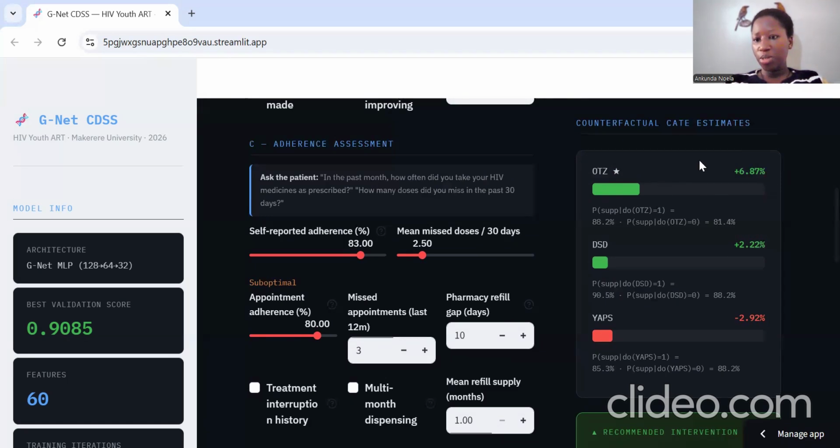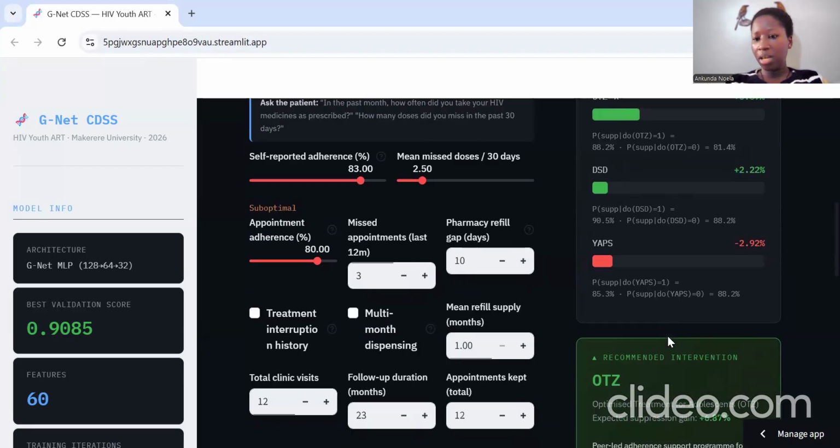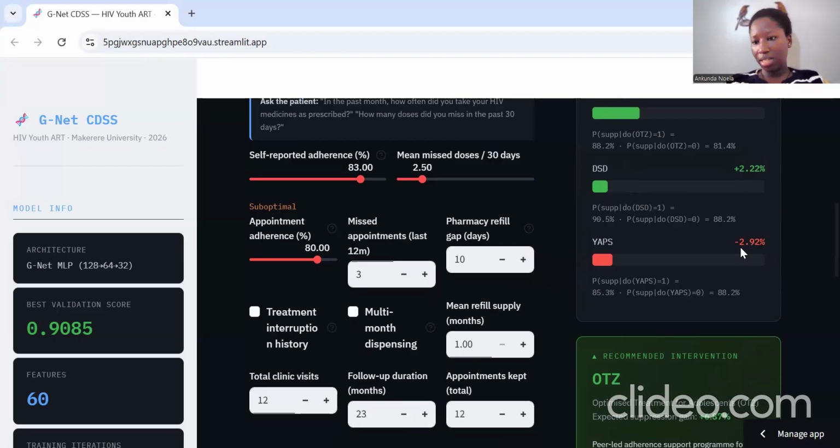So if it was used, the difference would be 6.87%. And if DSD was used, it would be 2.22%, which is lower than OTZ for this particular patient. And for uptake, it would not help at all, that's negative 2.92.